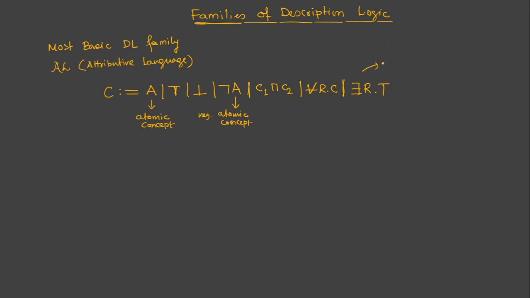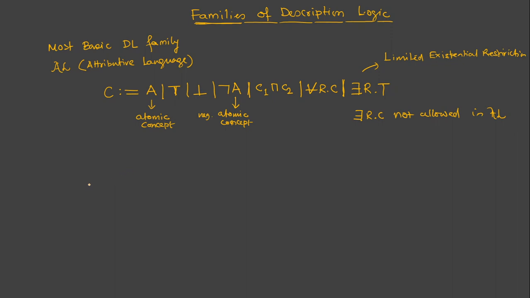So this is the limited existential restriction. So in this sense, if we have something like this, exists R.C, this is not allowed in AL.